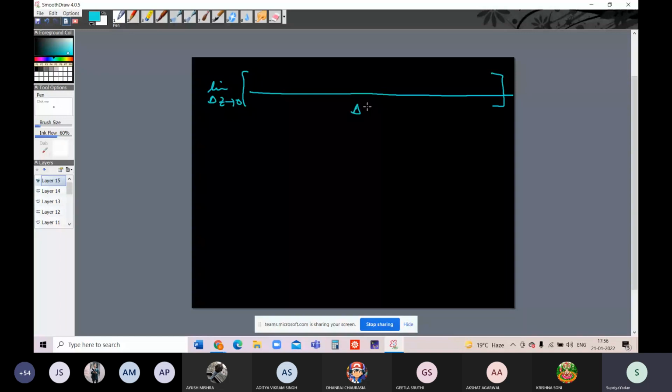This is delta z. It will be z into z bar, because z plus delta z into z bar plus delta z bar is equal to z into z bar, z into delta z bar plus delta z into z bar plus delta z into delta z bar minus z into z bar.